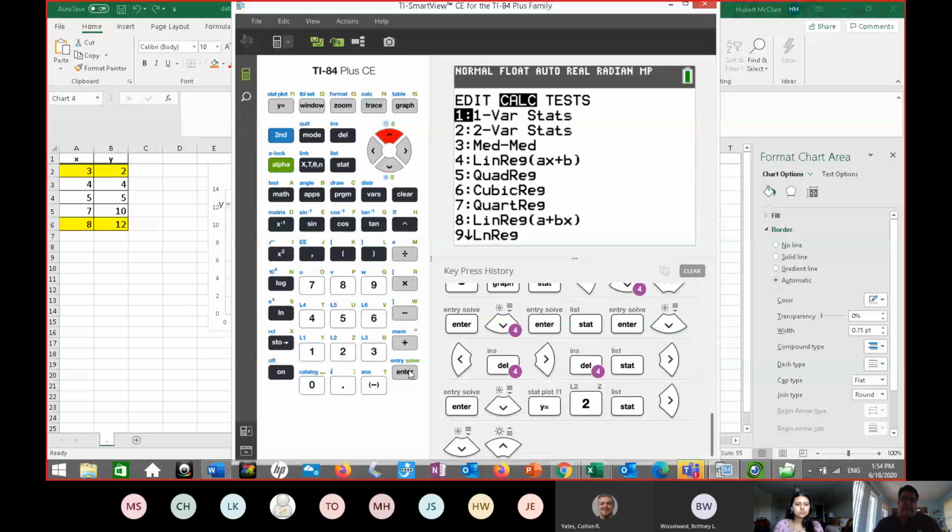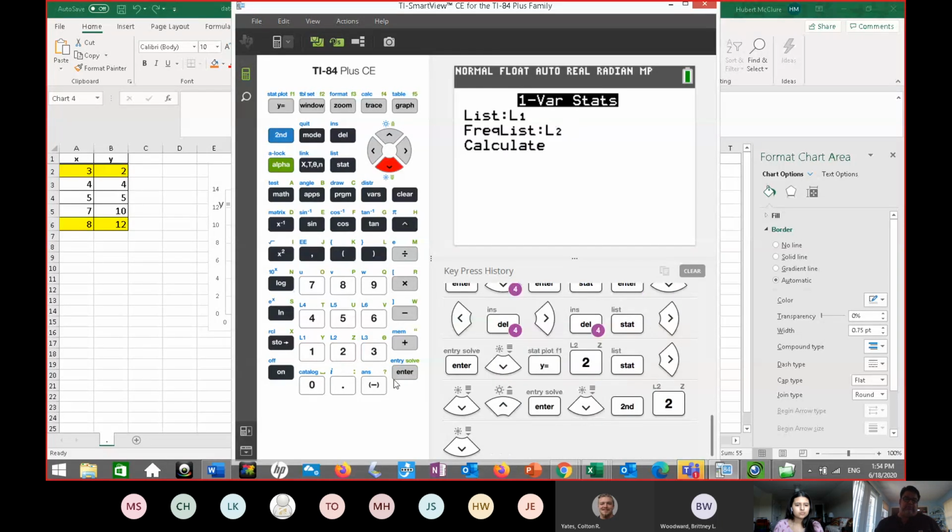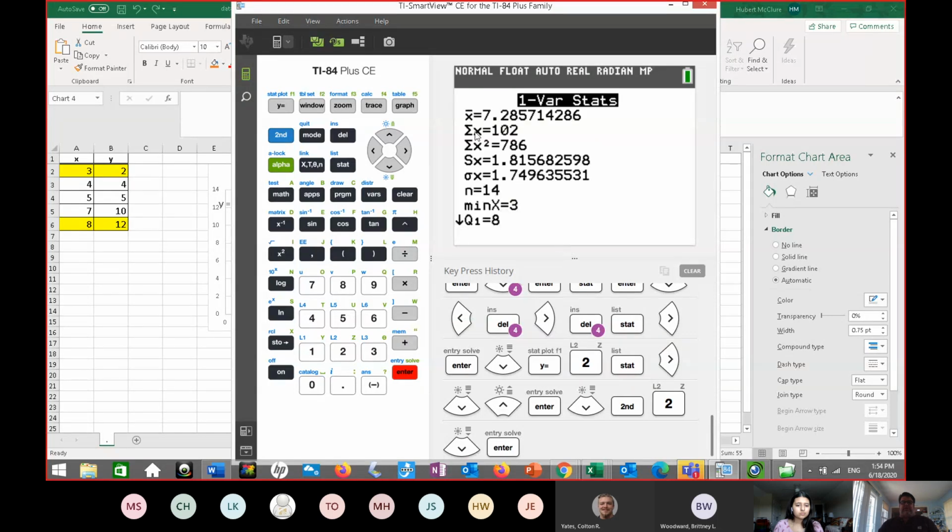I don't know why in the world they're making you do it. Second L2 and calculate. You see the summation of x? You can use that. The standard deviation of x, see it right there? You can actually use that, but they don't give you y, so it's useless.